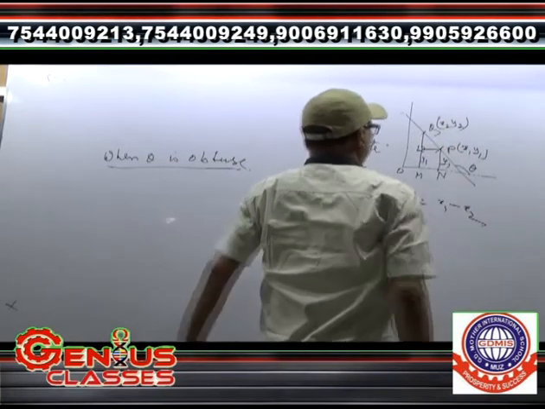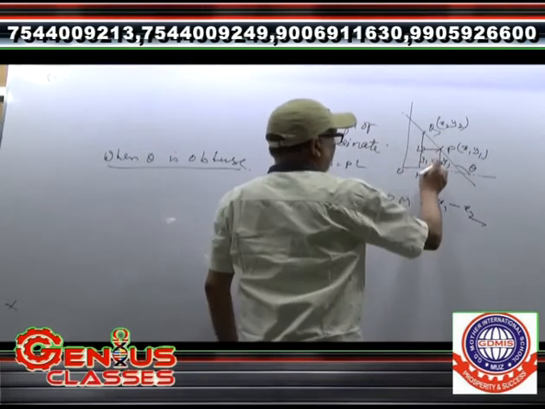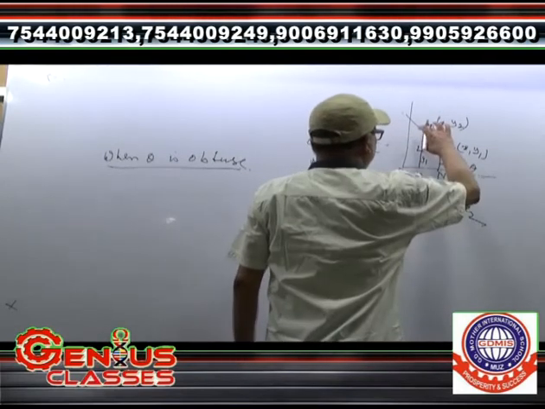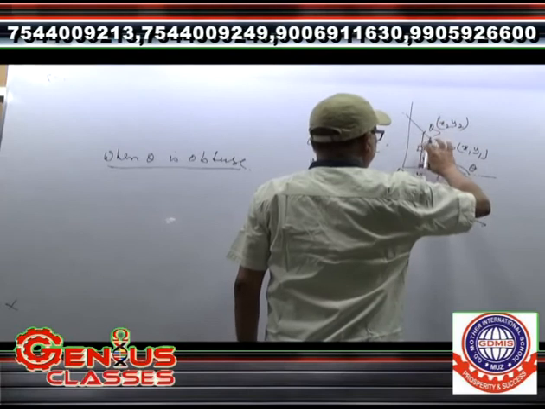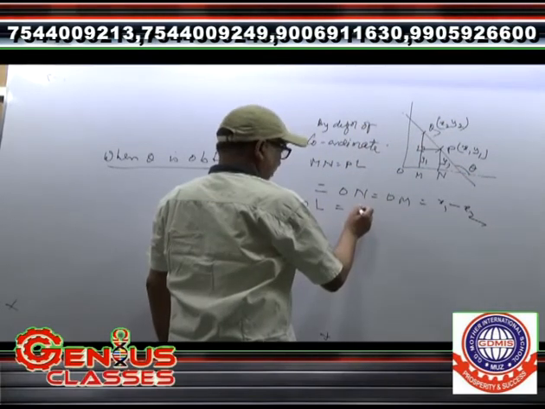QM is equal to y2 and LM is equal to y1. Therefore, QL is equal to QM minus LM, y2 minus y1.